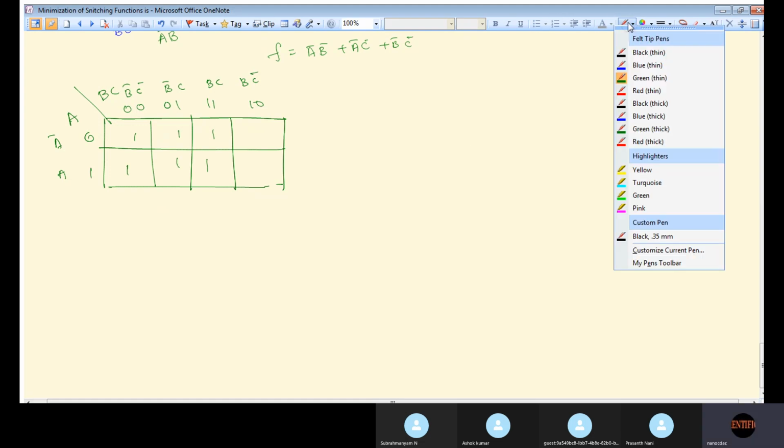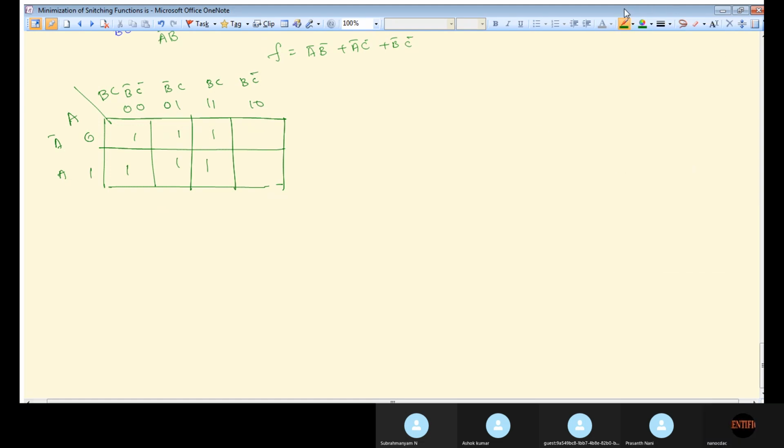Let's see, tell me fast. B bar plus C, yes. Okay, because you can take this as one term and these 4 you can take as the other term. So for the first 4 terms, what is the corresponding logic? How do you write these 4 terms? You write it as B bar.